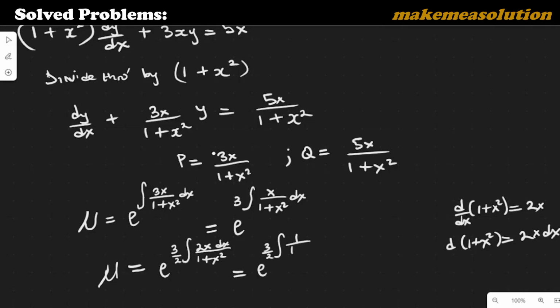So our 2x dx is now replaced with d of 1 plus x squared. Is that okay? So instead of 2x dx, you're having d of 1 plus x squared.